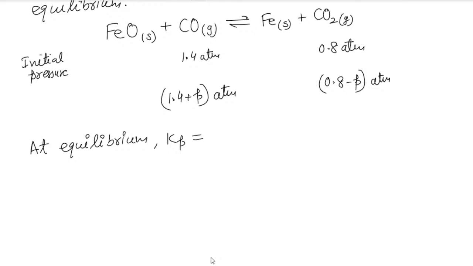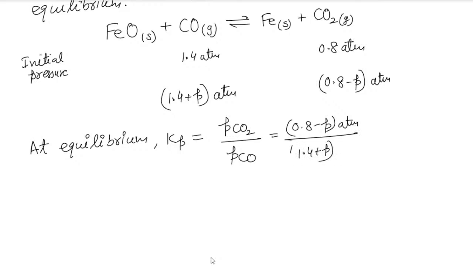Kp is equal to pressure of CO2 divided by pressure of CO. So it is 0.8 minus P divided by 1.4 plus P, and that is equal to 0.265, right?